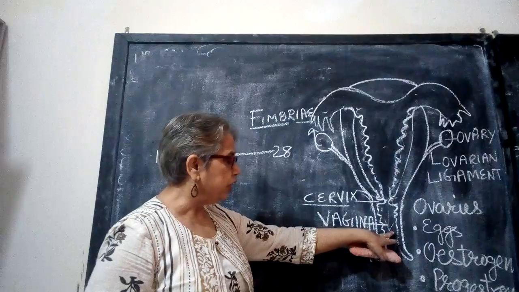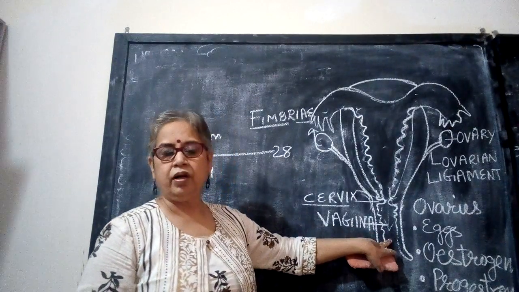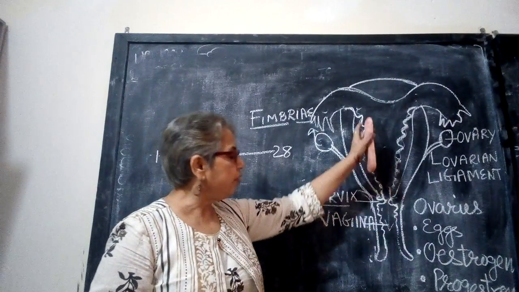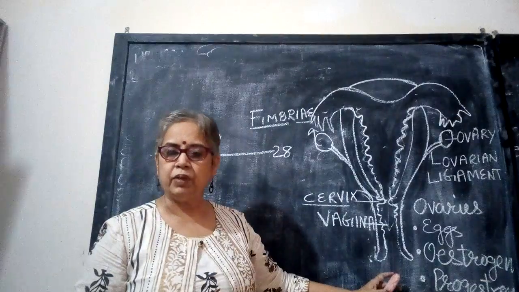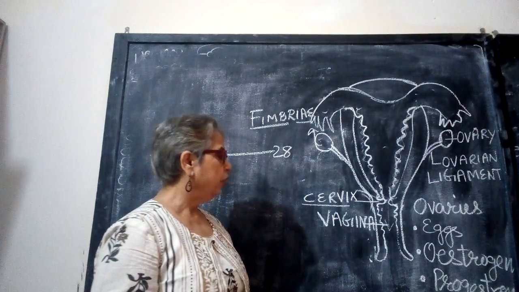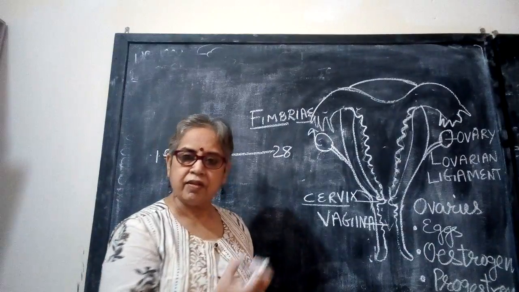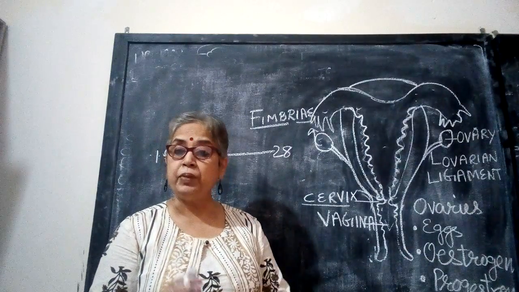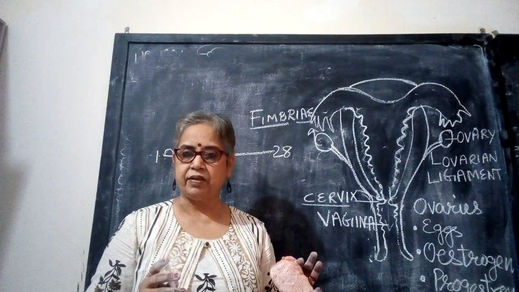Now the vagina is also called the birth canal because this is the passage during normal delivery for the child to come out of the mother's womb. Once the fetus is outside the mother's womb, it is still connected with the placenta.